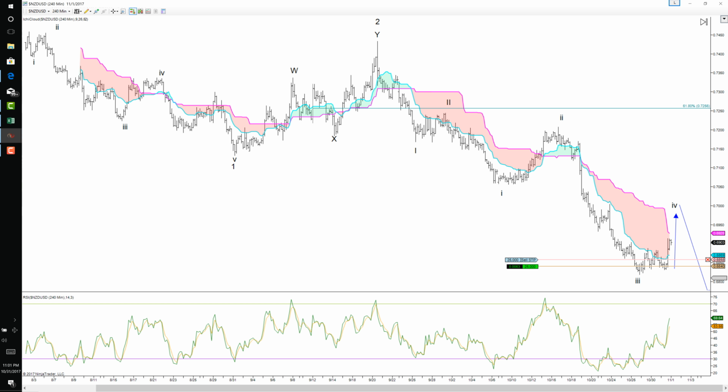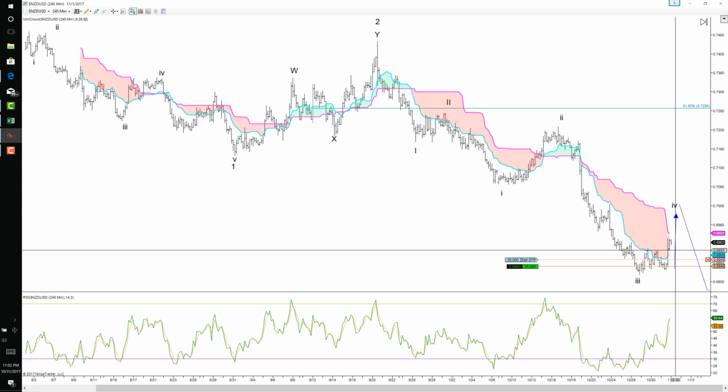So this will be basically 1, 2, 3 for A, and then if correct, you'll see wave B probably find some support near 68.63 or so, and then wave C would move up and find some resistance near the 69.90 to 70 area, if this particular pattern and label is correct.